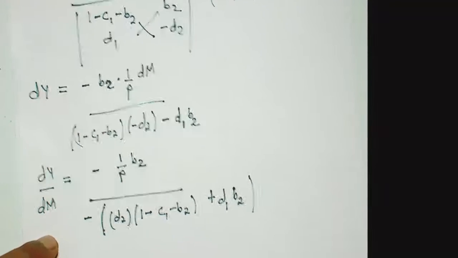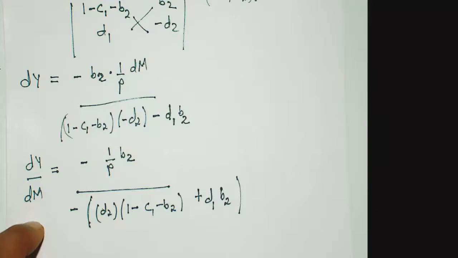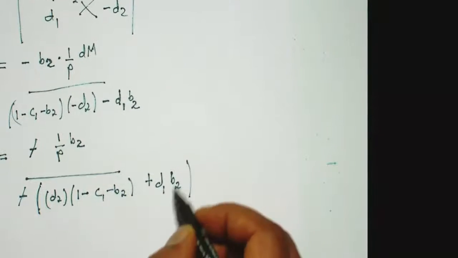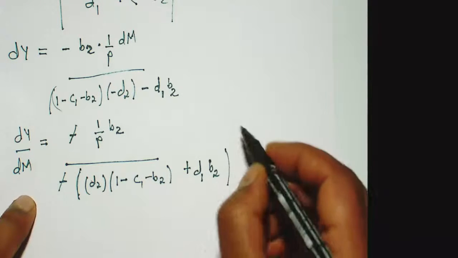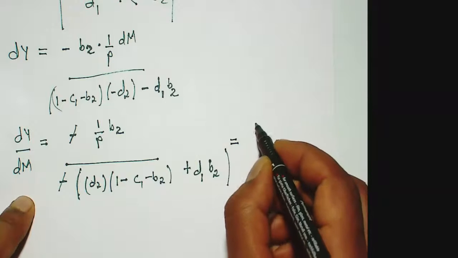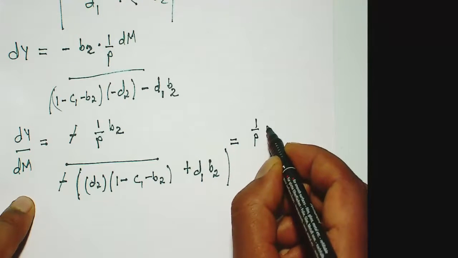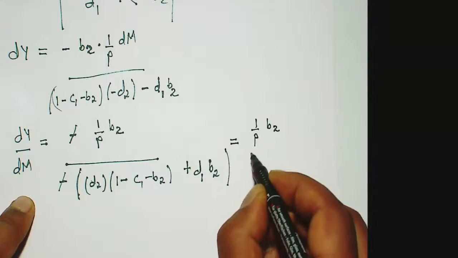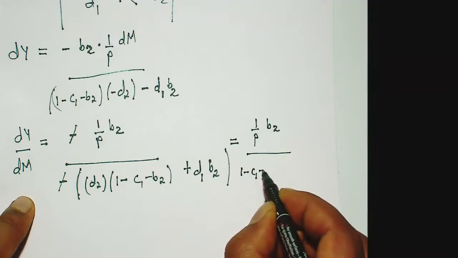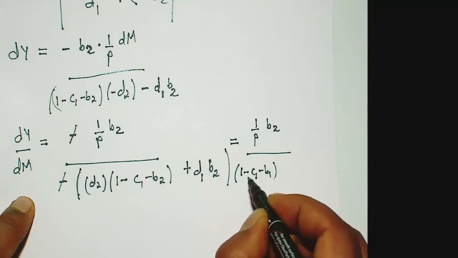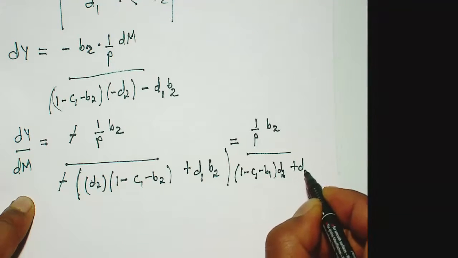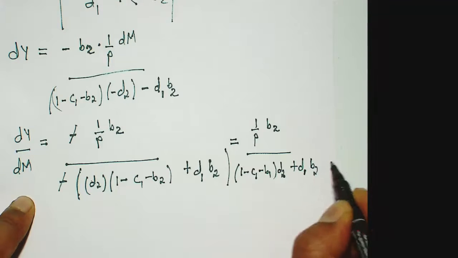So here on the numerator and denominator we have two minuses. We can just cancel out these two minuses, and our equation can be simplified and written as our multiplier would be 1 over P multiplied by B2 divided by 1 minus C1 minus B1 multiplied by D2 plus D1 B2.